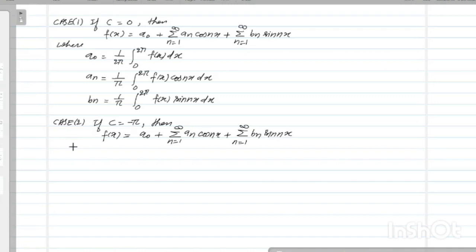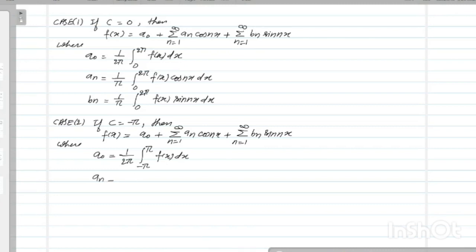Okay, and we have the Fourier coefficient a naught equal to 1 upon 2 pi, limit running from minus pi to pi f of x dx.